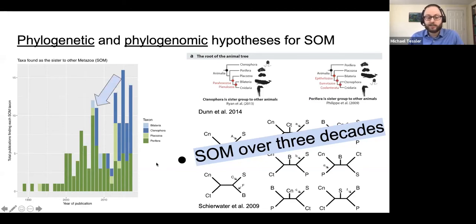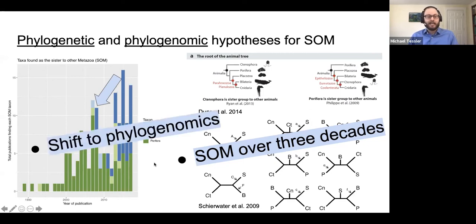This particularly starts with a seminal paper by Dunn et al. in 2008, and is really the mark of the shift from phylogenetics to phylogenomics, from a few loci to many, to hundreds or thousands of loci.